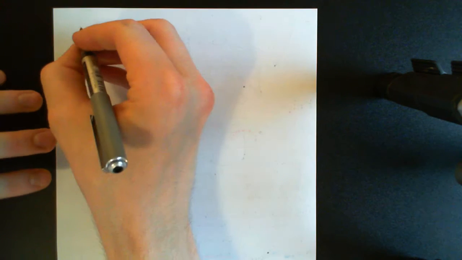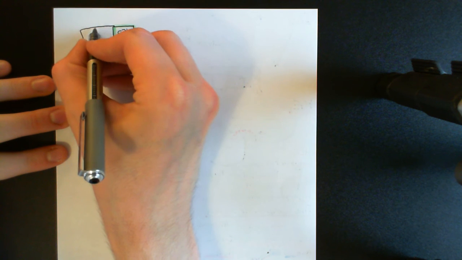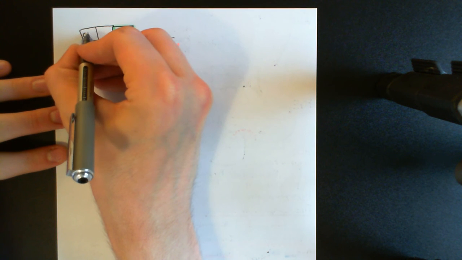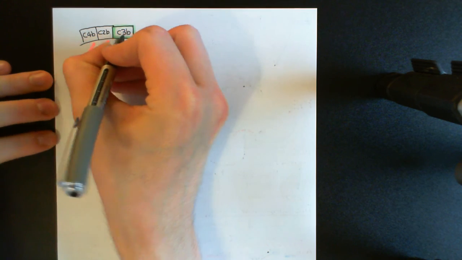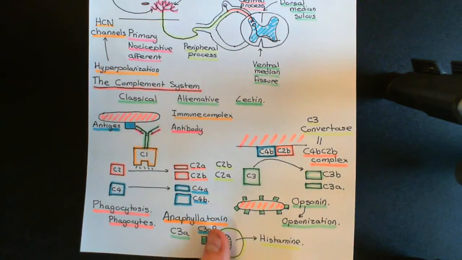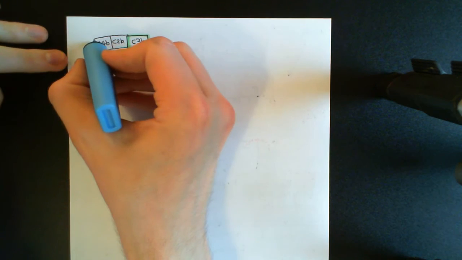Now, C3b proteins can actually also bind to the complex that we already had created. They can bind to the C4b, C2b complex to form now a complex of 3 proteins. So I'll draw this here. So like so. Here is C4b, here is C2b, and now C3b has joined. So let me just remind myself of the colours that I had. C4b was being shown in blue and C2b was in red.